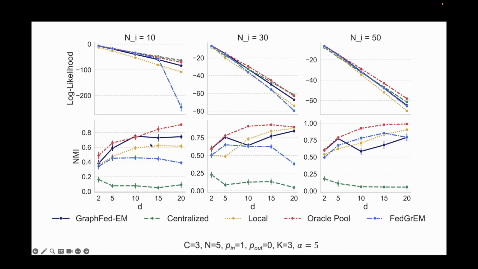So again, as expected. And again, this advantage of our algorithm is diminishing once we go to a higher number of data points locally. And again, surprisingly, this distributed EM algorithm is underperforming, but this improves with increased local sample size.